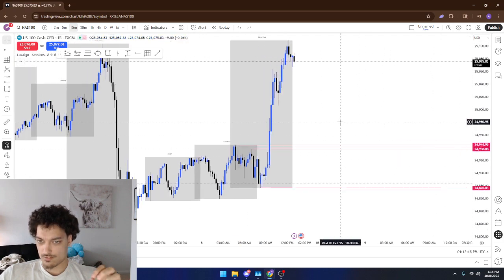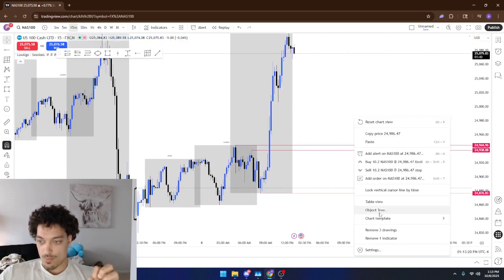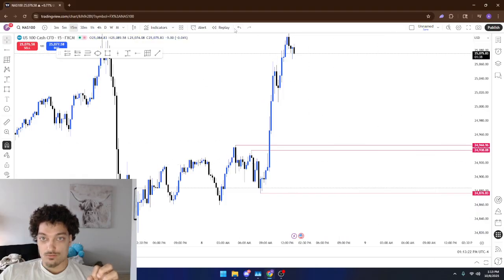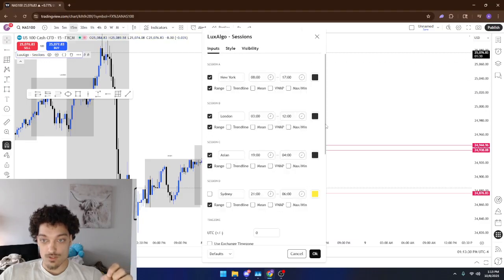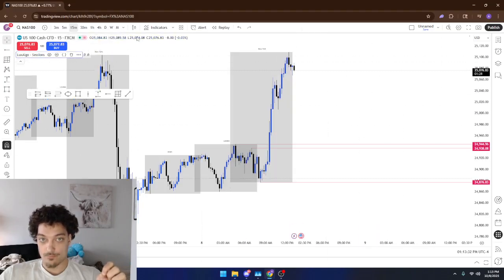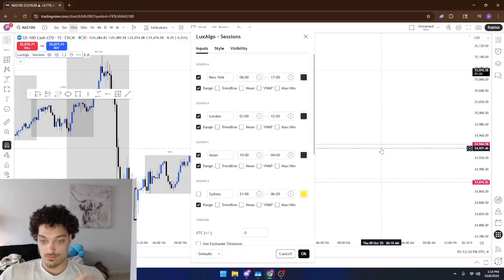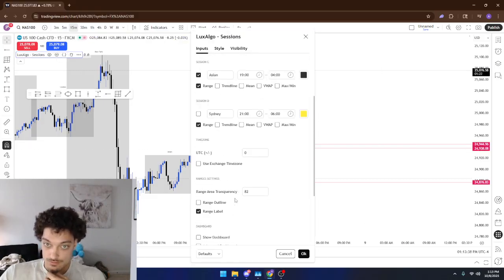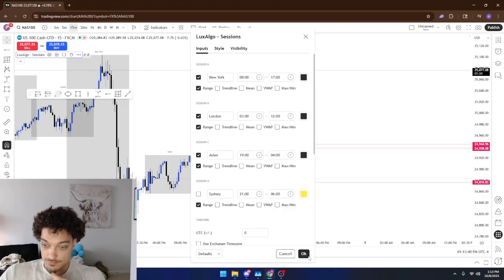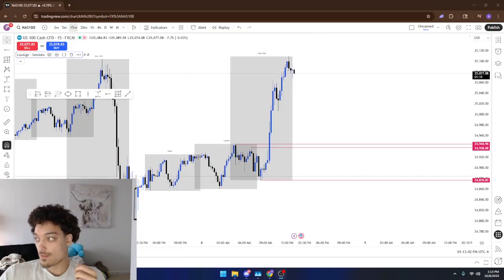I think I said that correctly. By the way, the indicator I use to show session highs and lows is Lux Algo Session, and this is my style, how I use it. I don't even use range labels. I don't use anything else. This is all it.